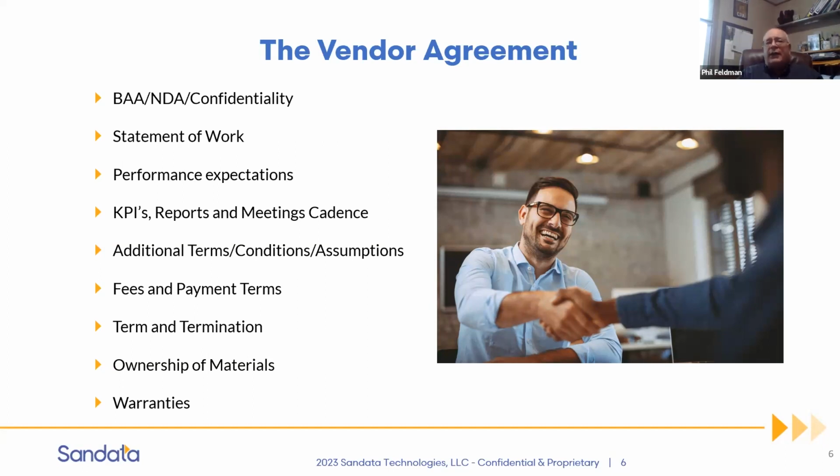Term and termination. So what's the term of the agreement? It could be short, it could be a minimum of 1 year. How long do you have to stay with them? How long are they locked in with you? And are you locked in with them? What are the conditions under which either party can terminate? So if they're not performing to expectations, do you have the right to terminate that agreement before the end of the term?